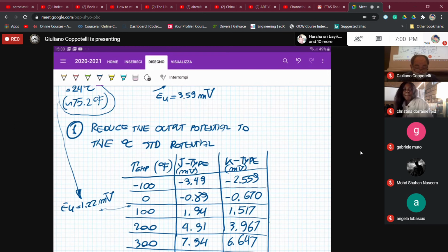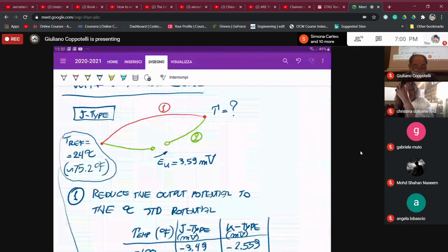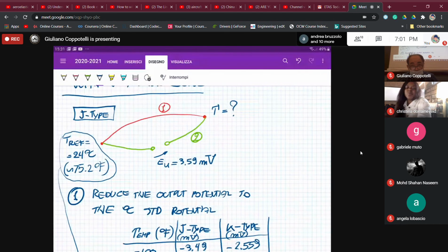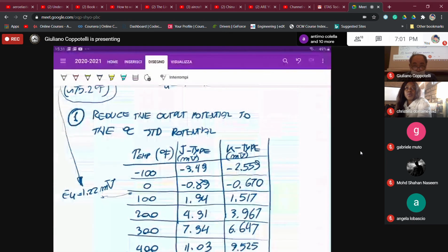What I got here from the example is the same thermocouple at 24 and the unknown temperature. So the overall output tension will be equal to the sum of these two, the one at a measure, 3.59, and the one corresponding to the potential standard, 1.22.